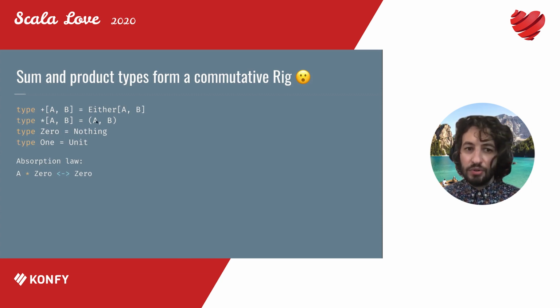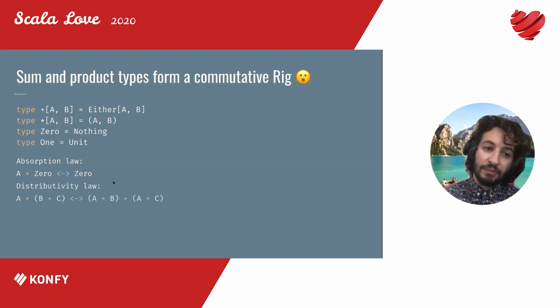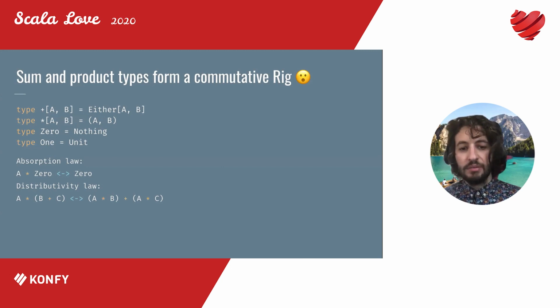If we take a tuple of A and nothing, which is what this is, that becomes nothing, because we can't put a value into that tuple, right? So tuple of A and nothing is the same as nothing. And the distributivity law basically claims that A times (B plus C) is A times B plus A times C. And I'm not going to show you a proof for this, but you can definitely easily do this.